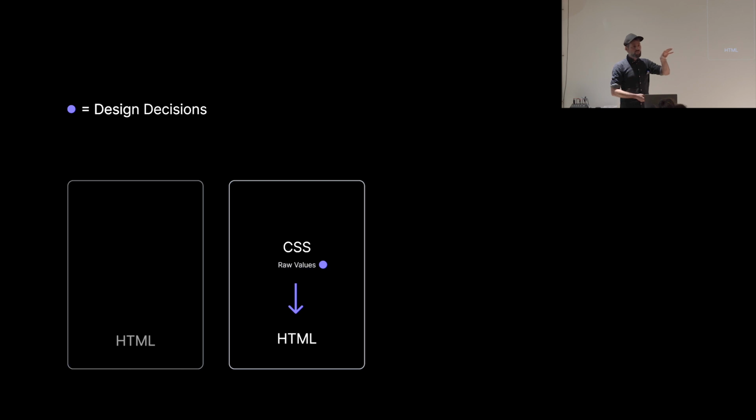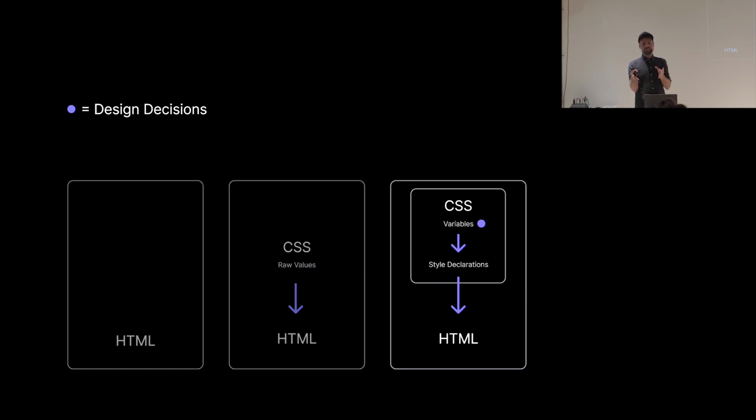Then we could control our design decisions from CSS. So that was a huge win, but we still had raw values. Then we got variables in CSS. And now we could name our design decisions. That was also a huge win, but still this is only possible in one platform. When I'm talking about CSS, I'm mostly talking about websites.